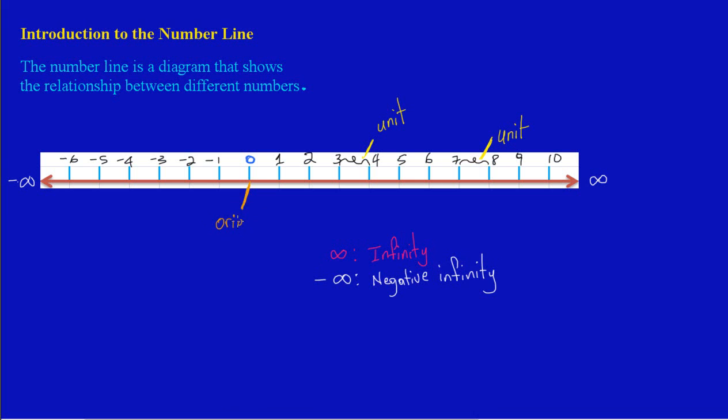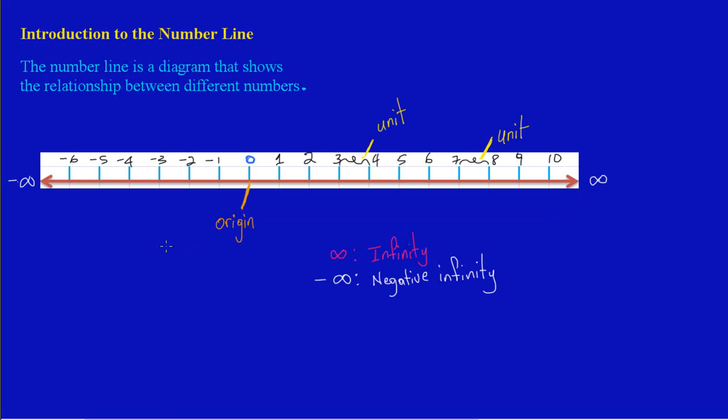Okay, origin. Okay, so where 0 is located on the number line is called the origin. It also has another name, but this is the most important name that you should remember. Okay, because everything originates, everything starts, everything begins at the origin.